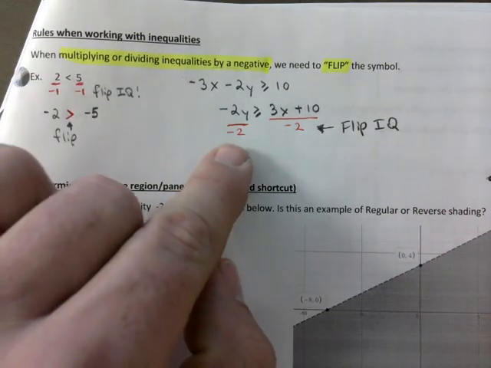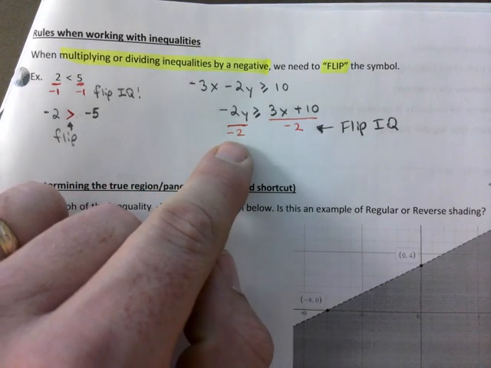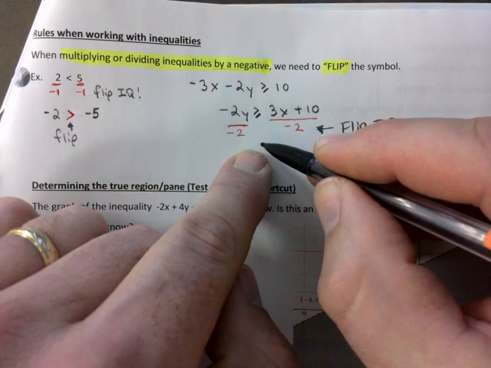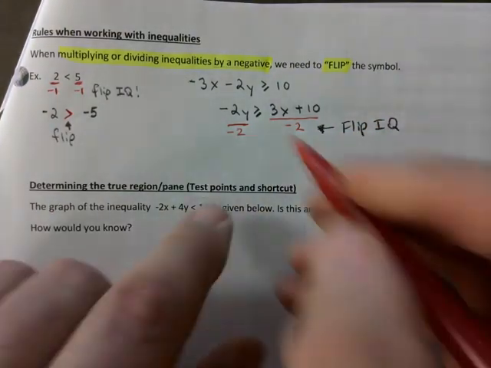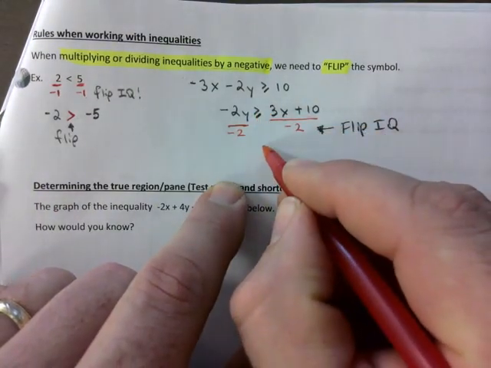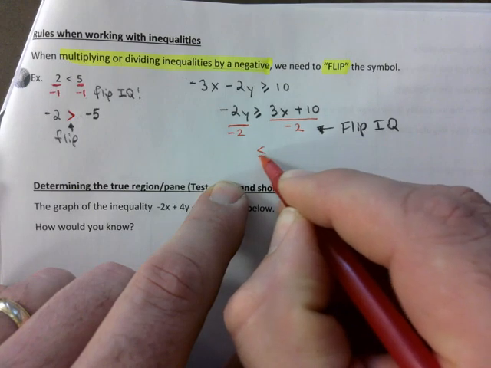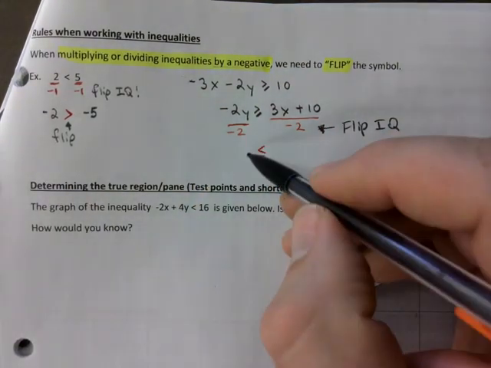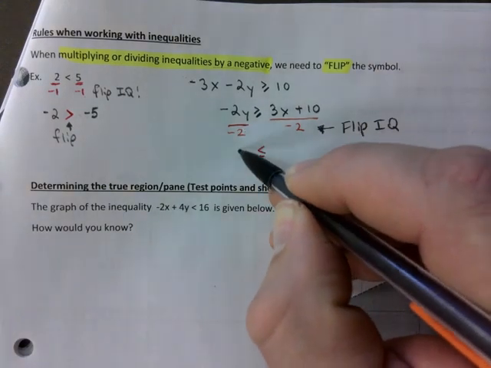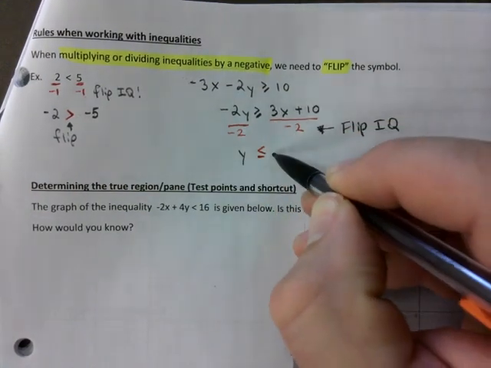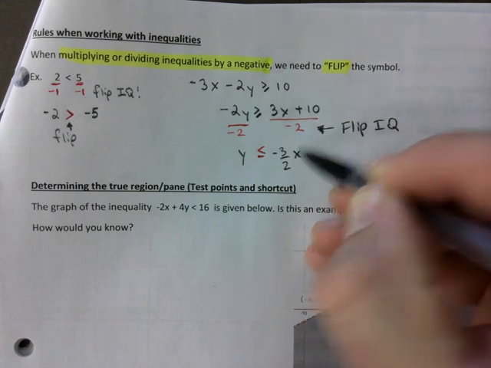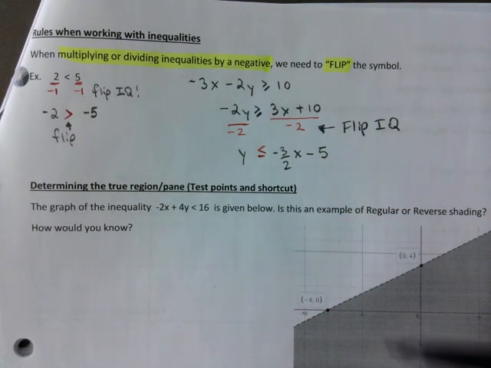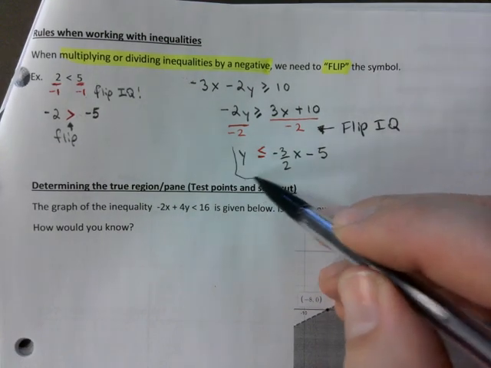As soon as you say, oh, I need to divide by -2 here, you'll write it down, but then make sure the next line goes the other way. So you'd have to go this way. And this leaves you with y, and this is -3/2 x minus 5. Okay. And that's your new inequality.